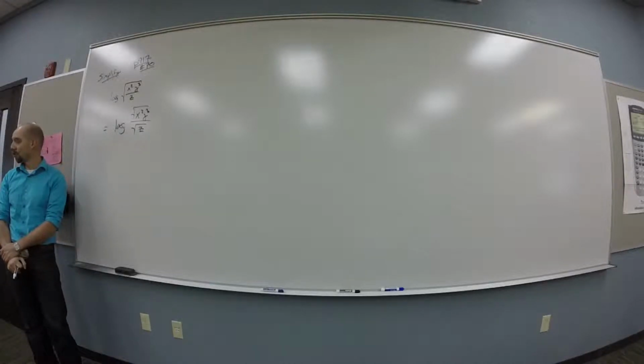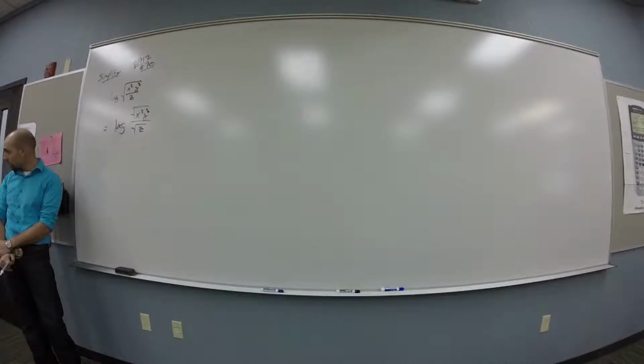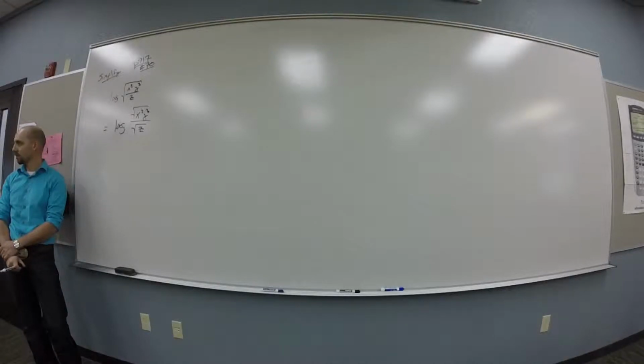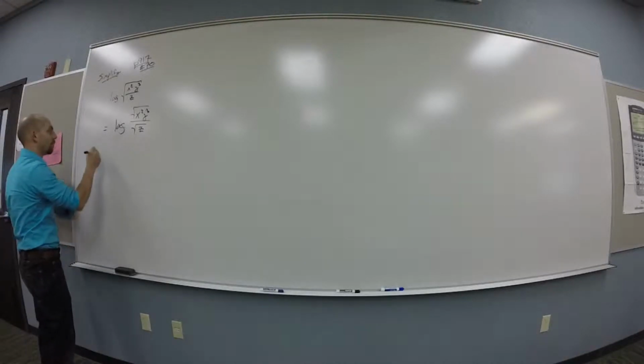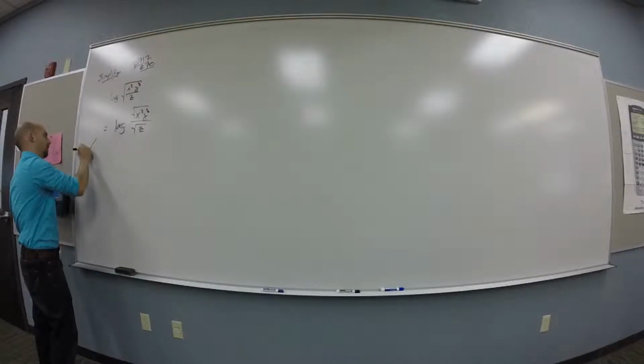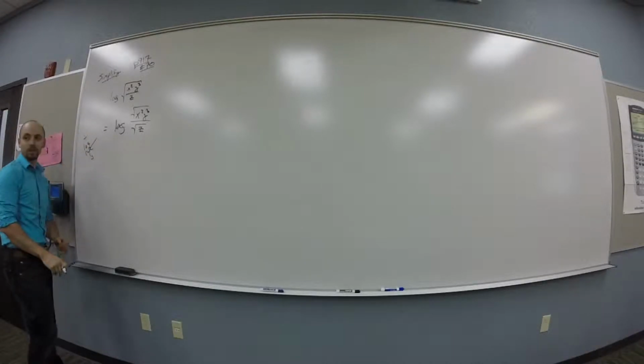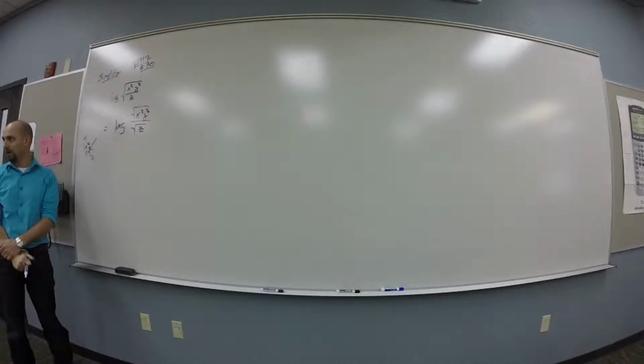So now I have a log rule that applies. What does it say? The log of a fraction is the log of the top minus the log of the bottom. Really this is the division log rule that I'm applying.